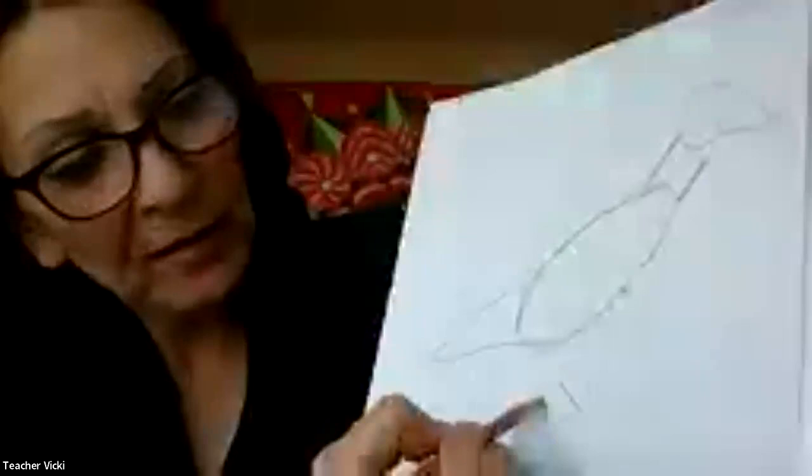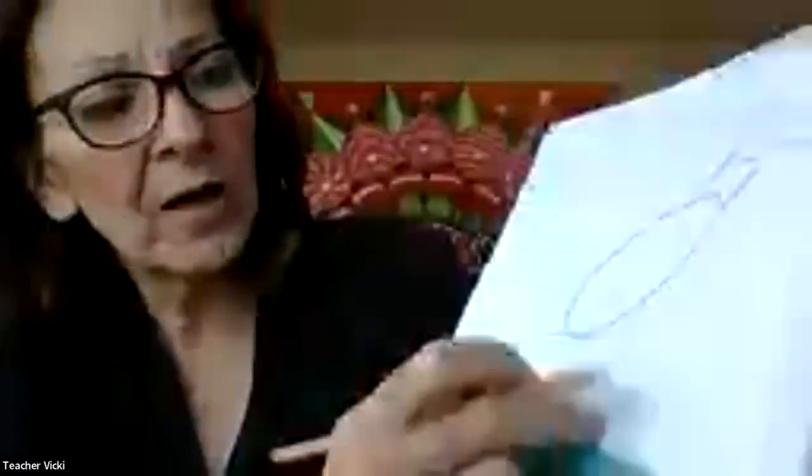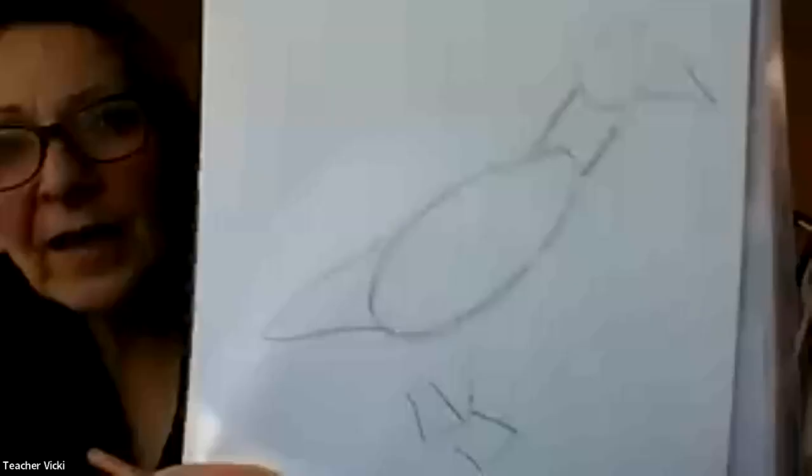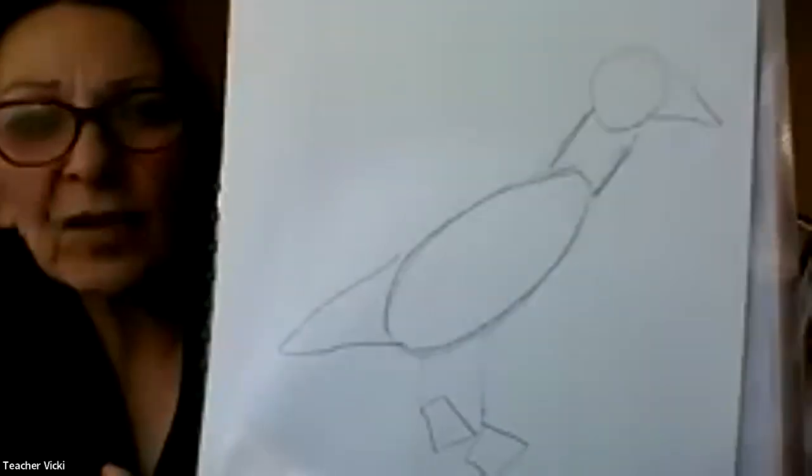The feet are just going to be sticks. And then this one looks like it's a diamond. And the other one looks like a diamond as well. It's a little bit lower though. Okay, so see there, it's two. So that's the beginning drawing of my bird.